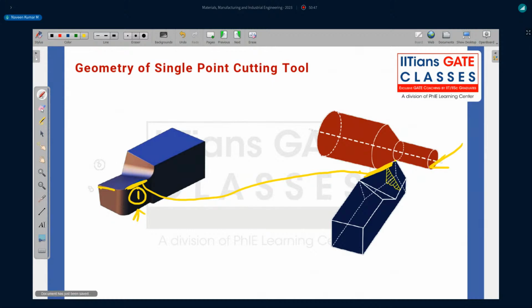Okay, so now let's understand the geometry. Before understanding the geometry, let's see what we have. Three important faces, or we can say flanks, on the single point cutting tool. What are those?